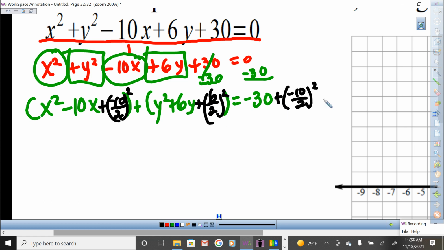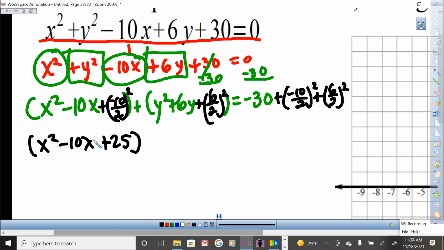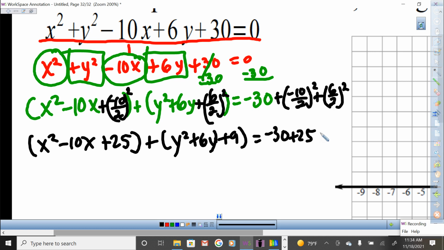Yeah, 6 over 2 squared, whatever we do to one side, we do to the other. And then we end up with x squared minus 10x plus 25 plus, parentheses, y squared plus 6y plus 9, equals negative 30 plus 25 plus 9.